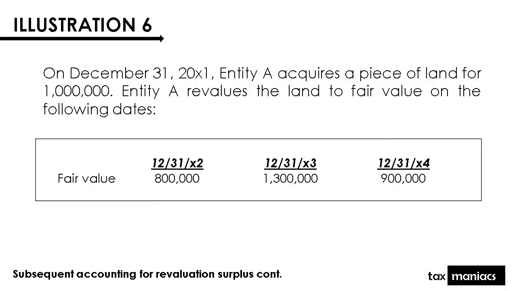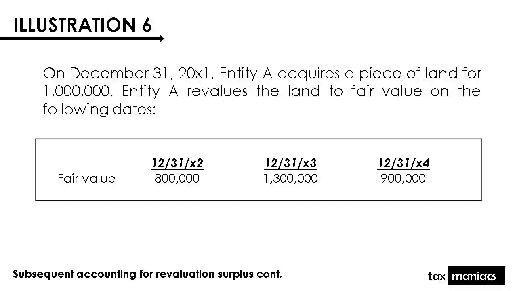As mentioned earlier, revaluation increases and decreases are recognized in other comprehensive income and accumulated in equity unless they represent impairment gain or impairment loss. These concepts are shown in the following illustrations. On December 31, 2001, Entity A acquires a piece of land for 1 million pesos.